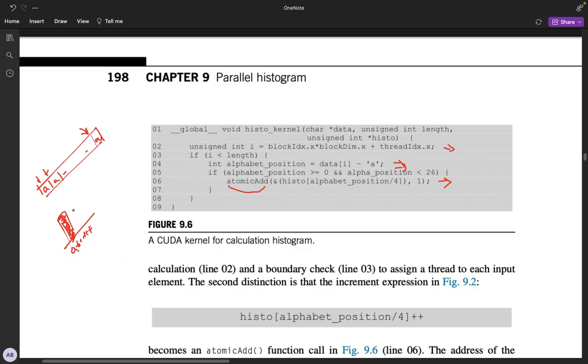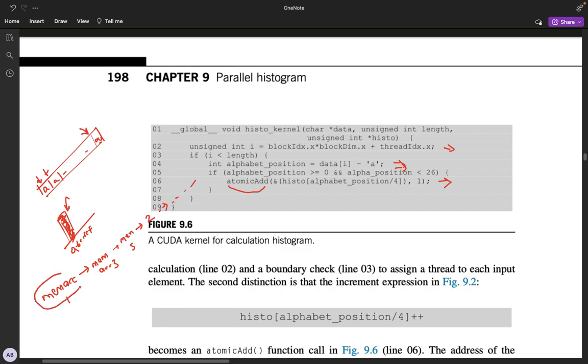But recall that the memory access latency for global memory is very high. And typically, we hide that memory latency by executing multiple operations in parallel. But in this case, since each thread is executing atomic add, and CUDA guarantees that atomic add will result in a serialization of these threads' atomic add operations, we would basically have memory access by thread 1 followed by memory access by thread, let's say 3, followed by memory access by 5, followed by memory access by 2, and so on.